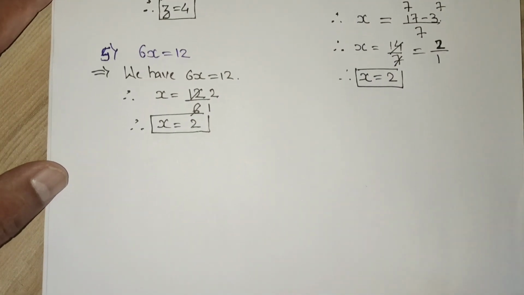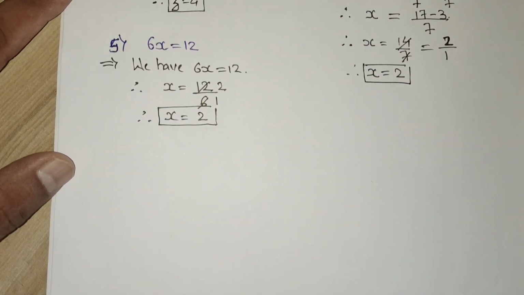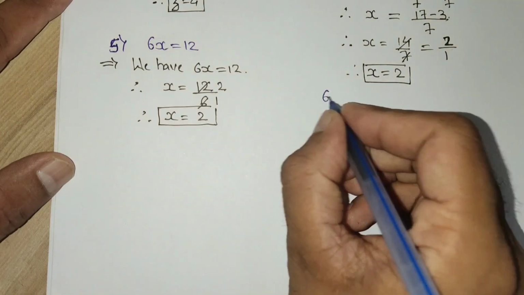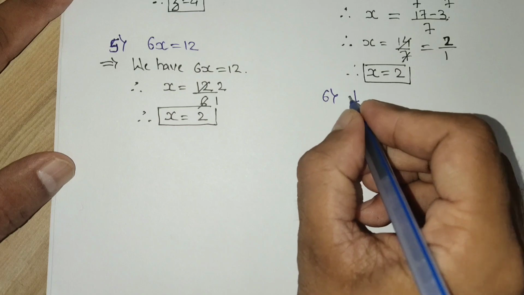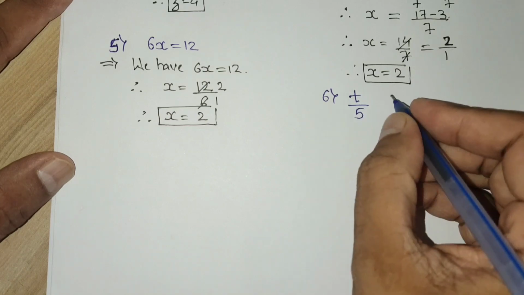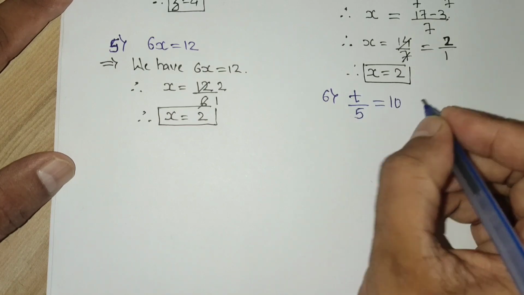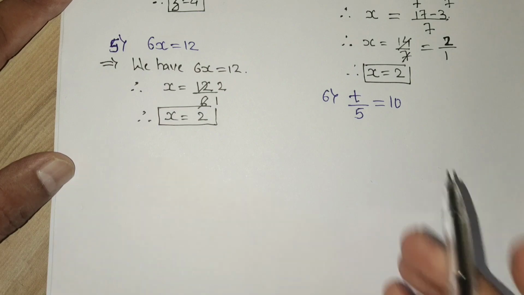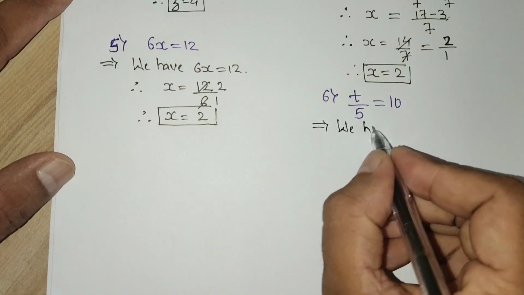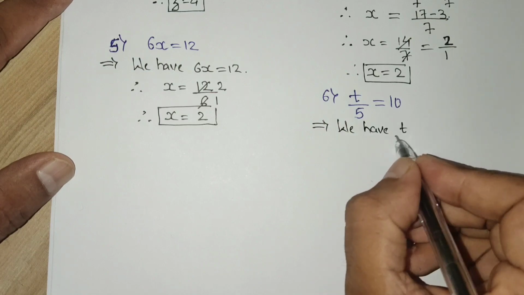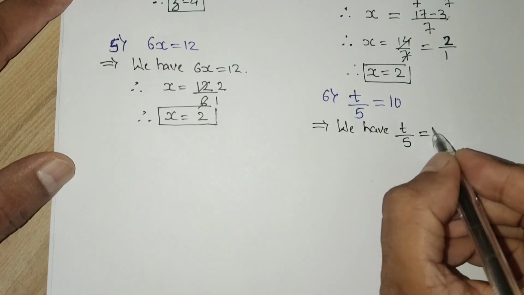Now, question number 6. Question number 6 is t divided by 5 is equal to 10. We have t divided by 5 is equal to 10.